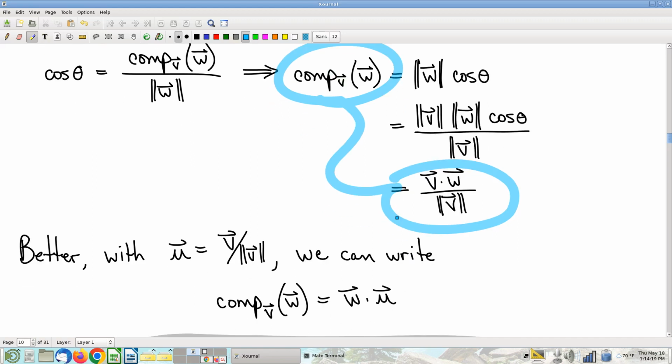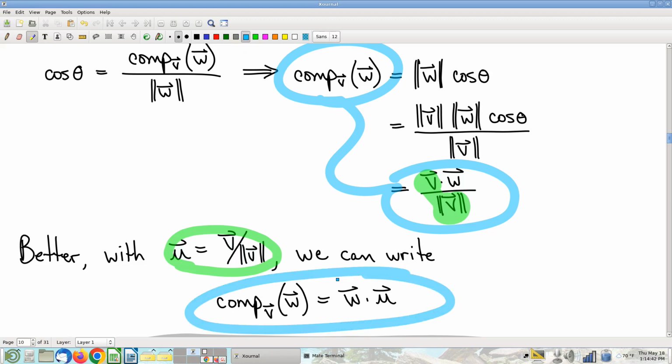Now here's an alternative version of this. I like this one a lot, and that is to notice that the unit vector that we just talked about, the unit vector in the direction of V, is right here looking at us. And so I think this is an even better formula for components: if you want to find the component of some vector W, just dot it with the direction unit vector.